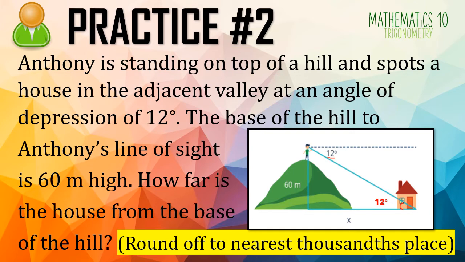And now, to find out the trigonometric function that we are supposed to use for our computation, just identify first what are the details given. So here we have 60 meters. This is considered the opposite side, and we are supposed to find out the adjacent side, which is represented as x.